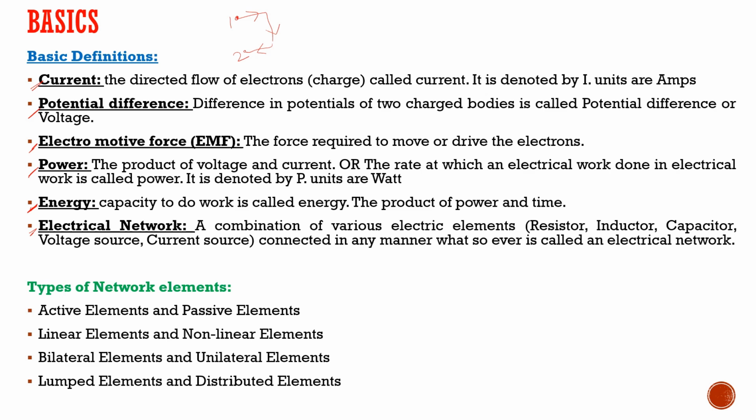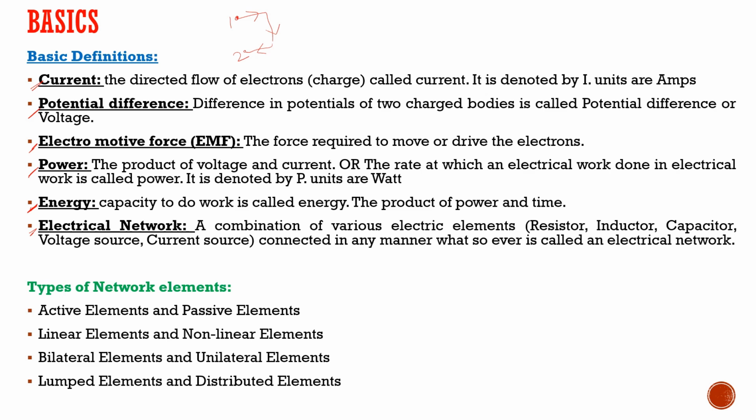Electron means each and every electron will have some charge. So we can say the directed flow of electrons or charge is simply called as current. So from one point to another point, it has a direction. So the electrons start flowing from one point to another point. Simply the flow of all the electrons collected together is called as current.